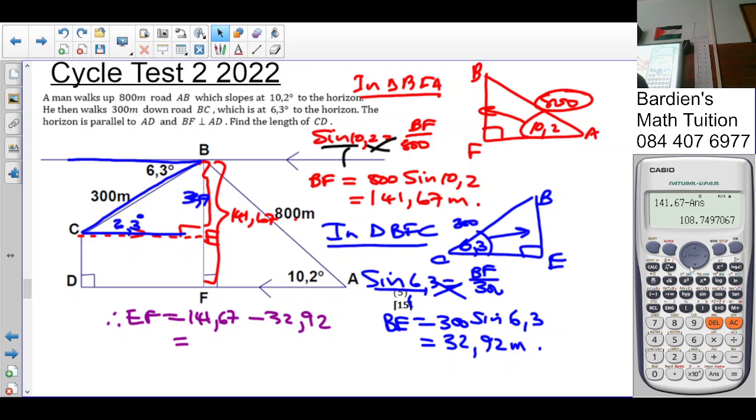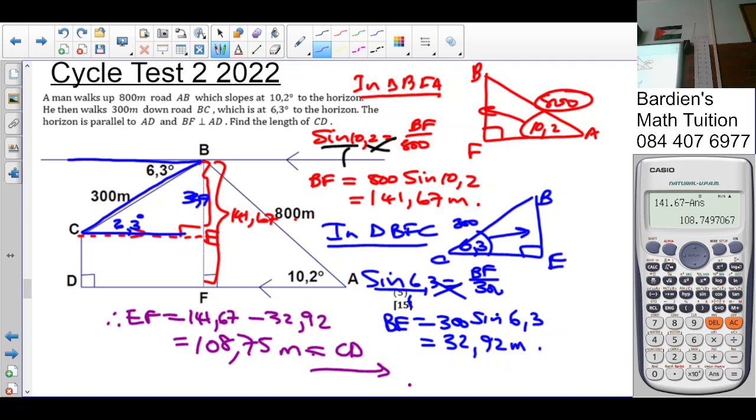Yeah, that's correct. 108.75. Is that correct? Yes, sir. So why you say it's wrong? No, sir, I asked you what you mean. So what did I mean when I said I'm wrong? Which is equal to CD. Okay. That wasn't so difficult.